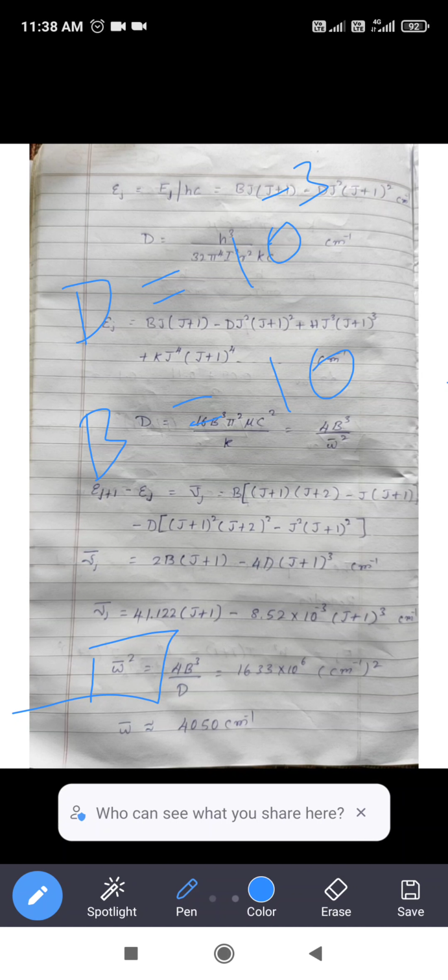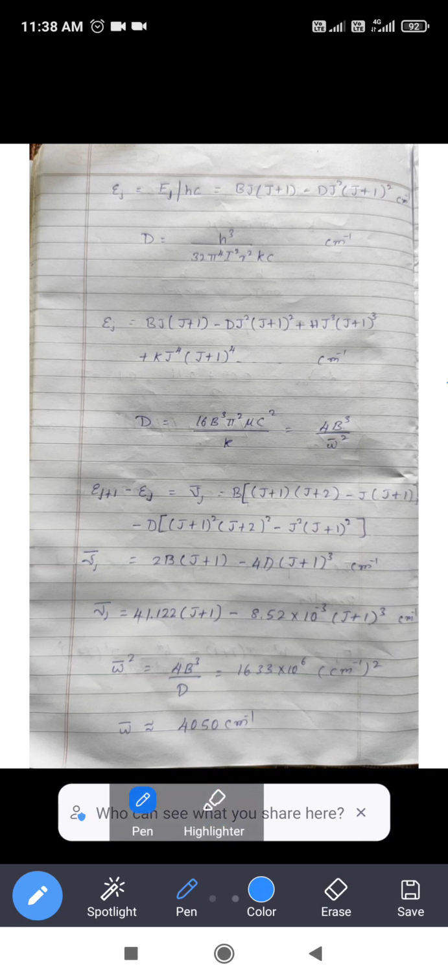So omega bar squared is equal to 4B cubed D, which is equal to 16.33 into 10 power 6 centimeter inverse whole squared. From this we can calculate omega bar, which is nearly equal to 4050 centimeter inverse.